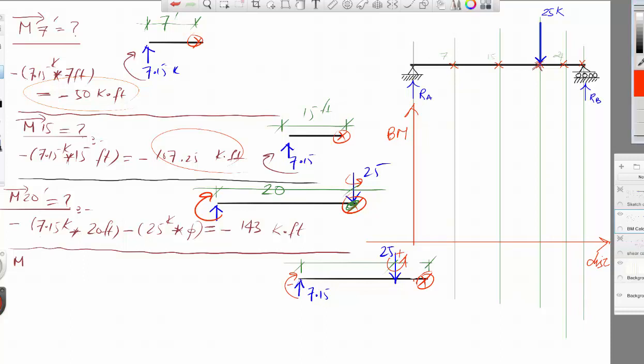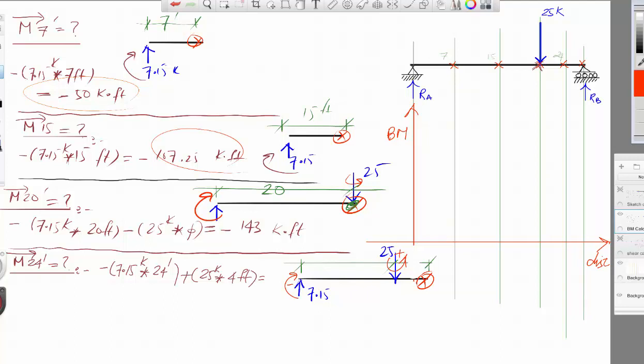Let's do the numbers now. So moment from left, a distance of 24 feet is equal to how much? So it will be minus 7.15 kip multiplied by 24 feet, because this is the distance, plus, now we have the distance for 25 kip multiplied by 4 feet is equal to how much?